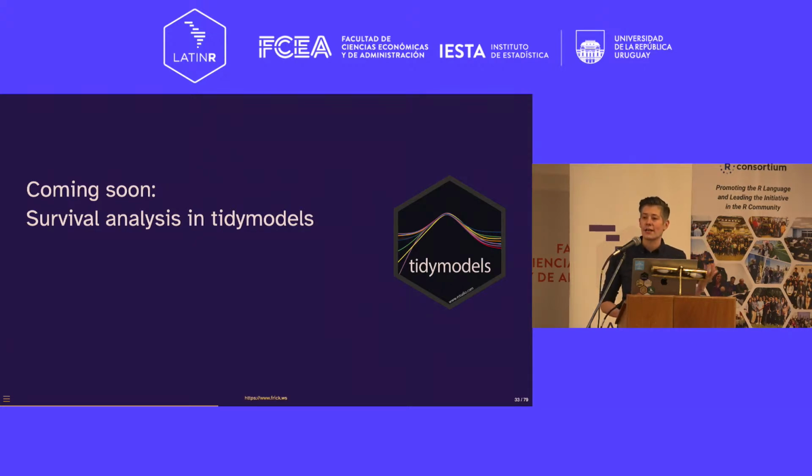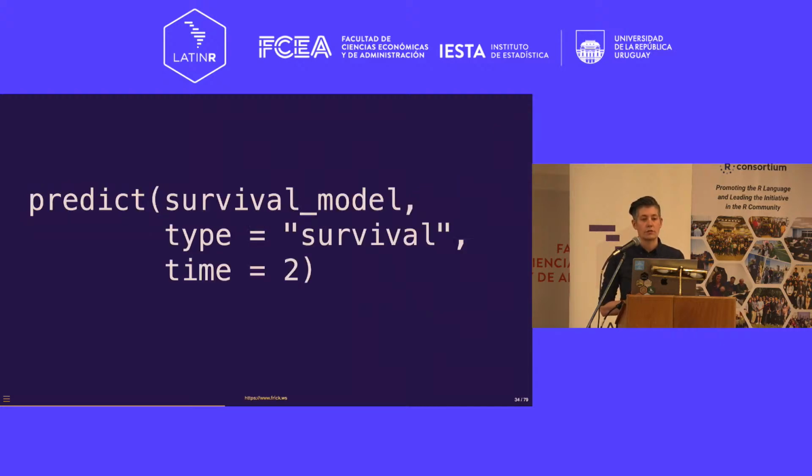So parts of it are already out. We started working on the models in this framework, and you can fit survival models in Tidy Models via Parsnip and an extension package called Censored. And one of the things we did for that was to give the predict methods a new type called survival, and that is the probability of survival at a certain time point.